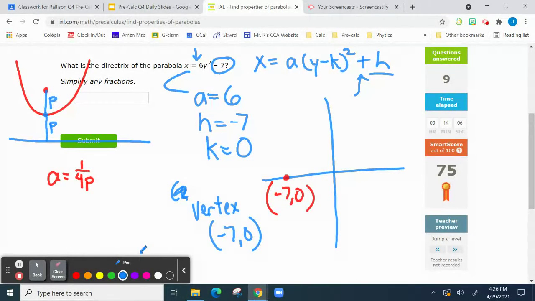So if we have a, and if you like to do the numbers first, you can, or you can just go p equals 1 over 4a like that. And if a equals 6, so p equals 1 over 4 times 6. So p is 1 over 24. Huh. I'm a little suspicious of that.